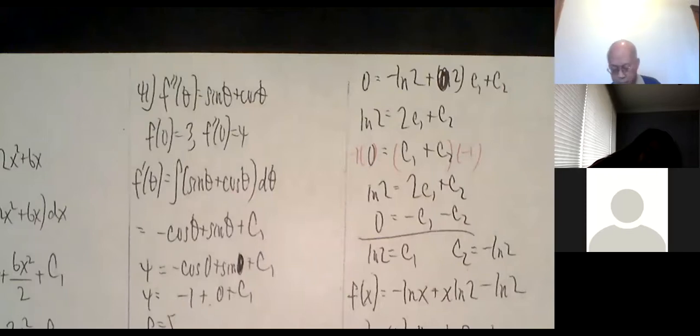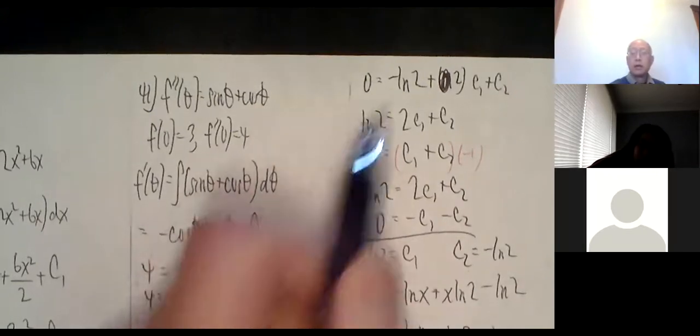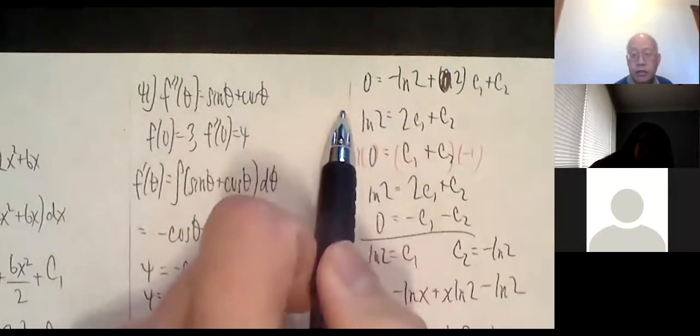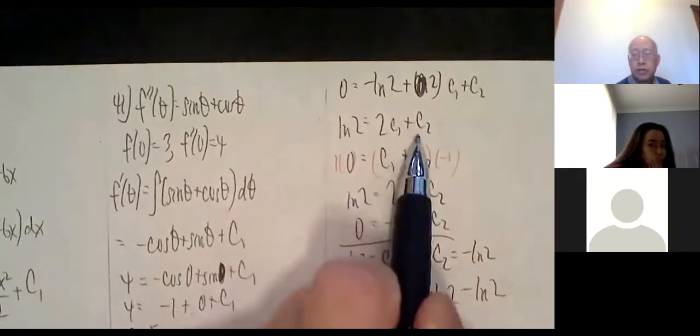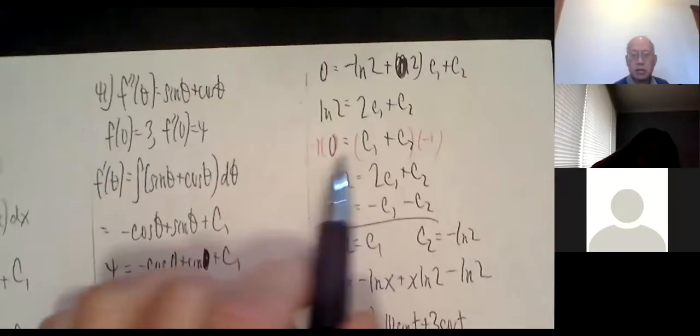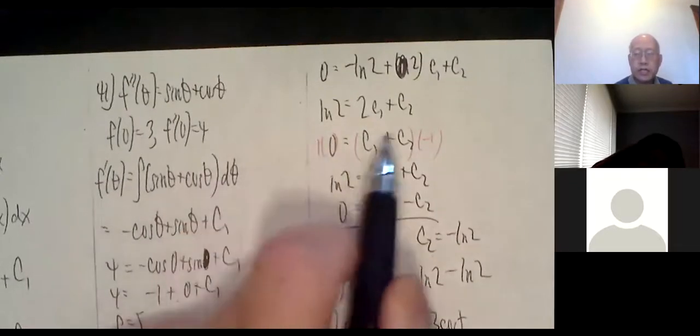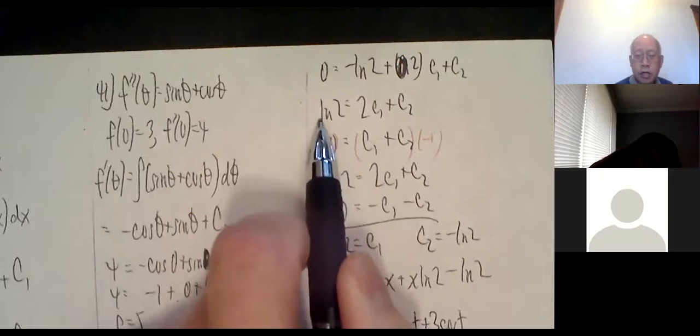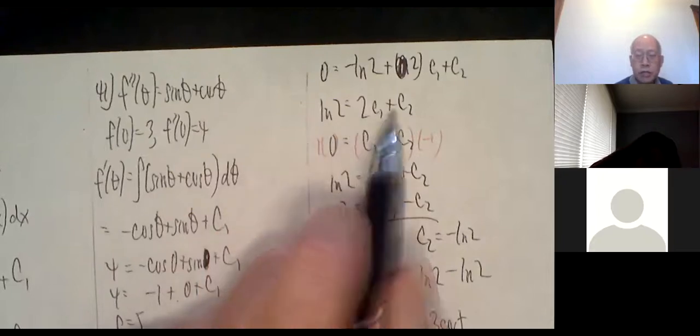All right, so I add ln 2 to both sides. Natural log of 2 equals 2C1 plus C2.